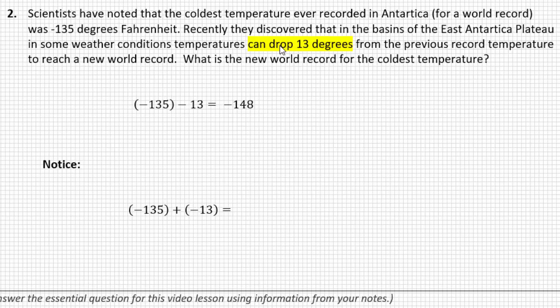It's not on our list, but we could definitely add it. So we could think about it as going an additional 13 degrees down, so a negative integer. And if we added negative 135 and a negative 13, we would still equal a negative 148.